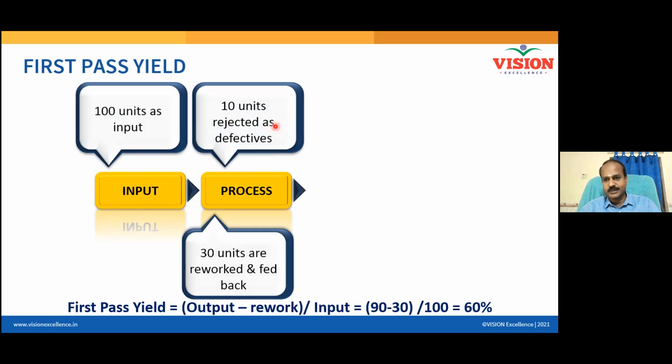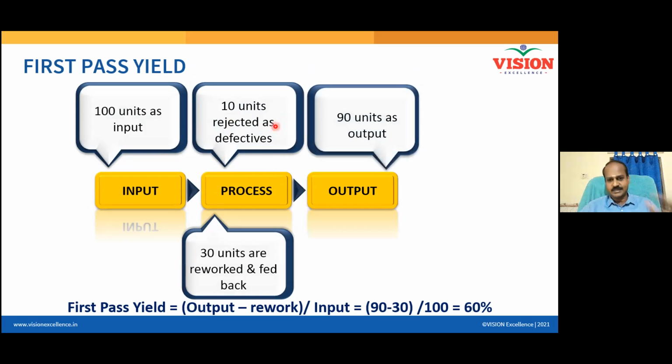Now, how much will your output be? 90. Output will be 90. You're right. But when I calculate the yield again, the traditional yield formula is output by input. Once again, it is 90%. But my first pass yield is actual output minus rework. Why should I subtract the rework?